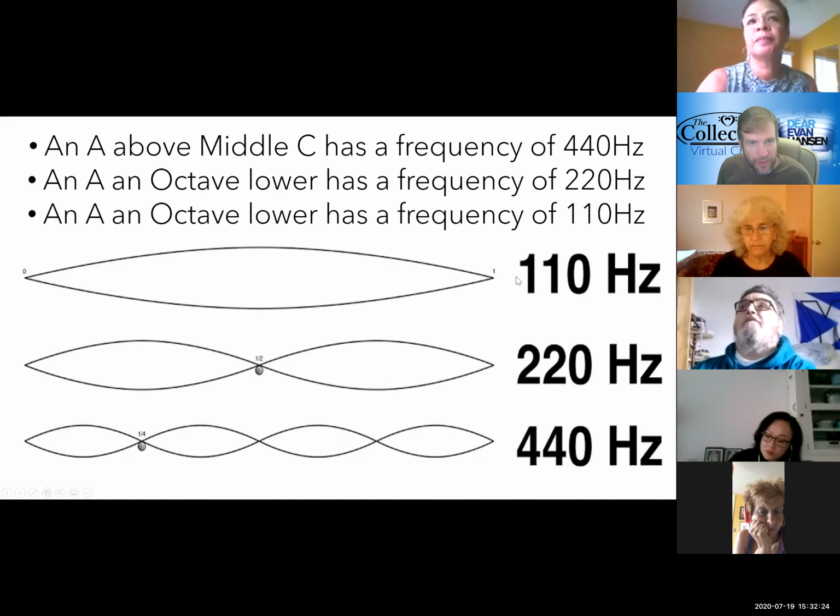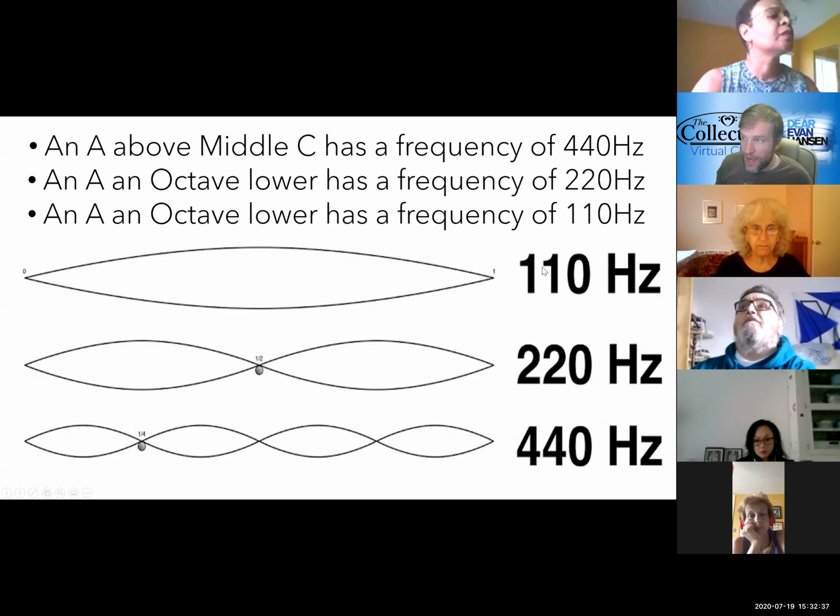What happens if we triple it, as in, we fit 3 into 1? If we go from 1 to 3, so we had 110 hertz, 220, and then 330, it's going to be a note between an A and another A an octave higher.